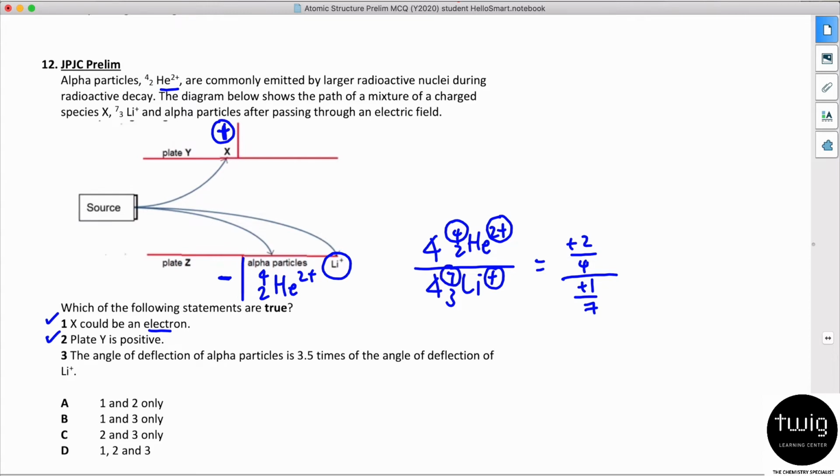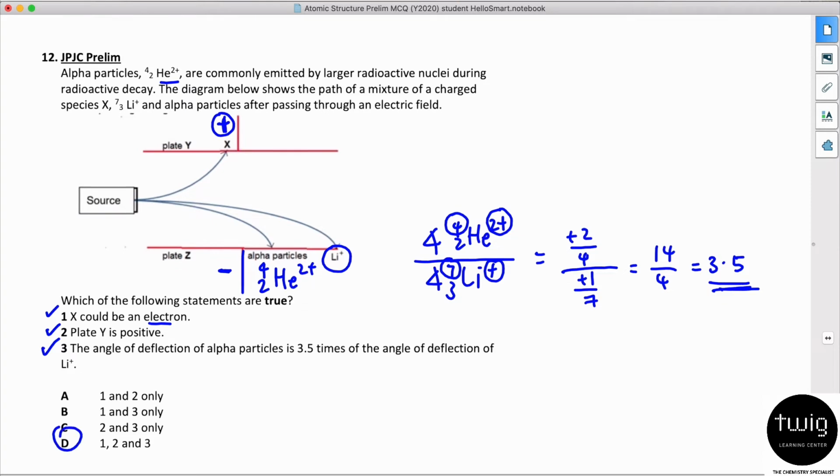So this gives you a value of 14 divided by 4, which is actually 3.5. So you can see that it's true, the alpha particle is deflected 3.5 times more than the lithium ion. So this is also true, which means for question 12, the answer is definitely D.